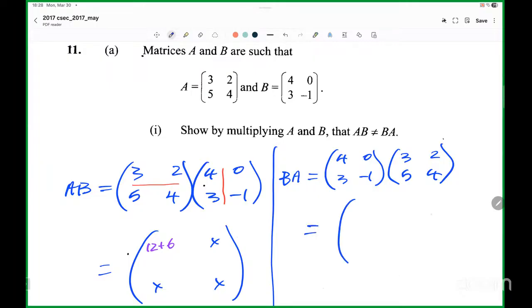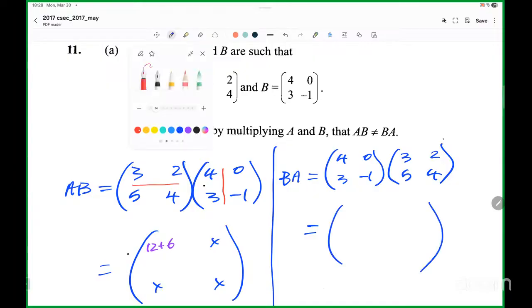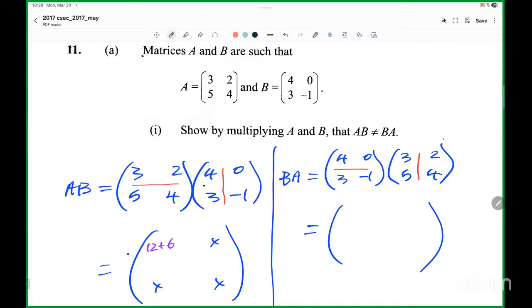I get a big 2 by 2 matrix. And again, I have to multiply the rows of the first matrix by the columns of the second matrix. Let me work out this first value, which is in the first row, first column. So to get it, we multiply this first row by this first column: first element times first element, second element times second element.